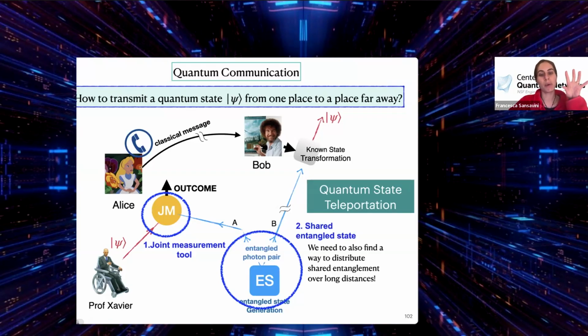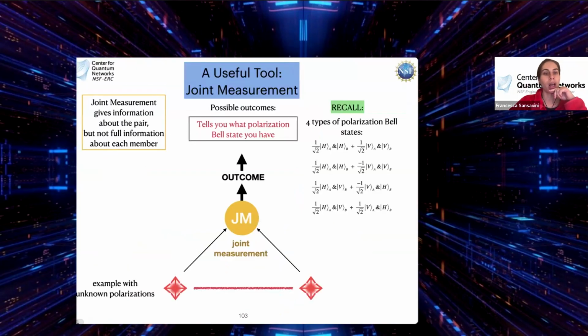So let's begin with the joint measurement tool and see how it works and how it can help us. The joint measurement tool, also called Bell state measurement, is a tool that gives information about a pair of photons, not about each individual member.